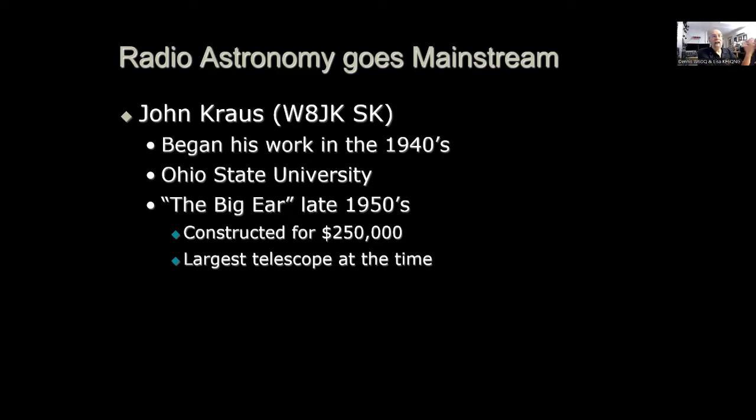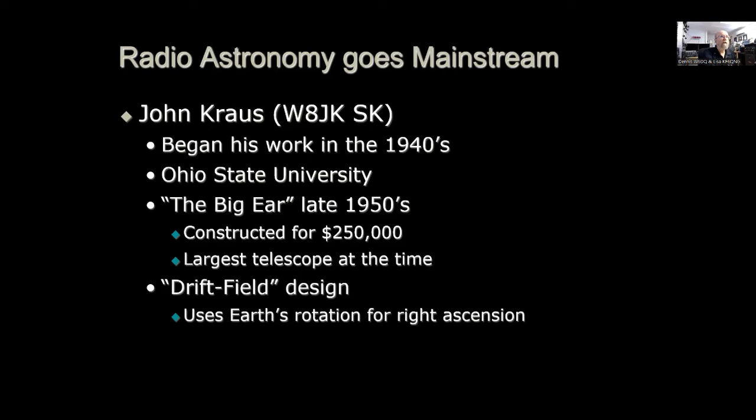It's what's called, again, that drift field design. So it uses the Earth's rotation for what's called right ascension to move through the sky. And you set the declination, or the elevation, of the antenna and allow the Earth's rotation to scan the sky. So this is the idea, and the declination is changed by tilting a flat reflector. Now, what am I talking about?